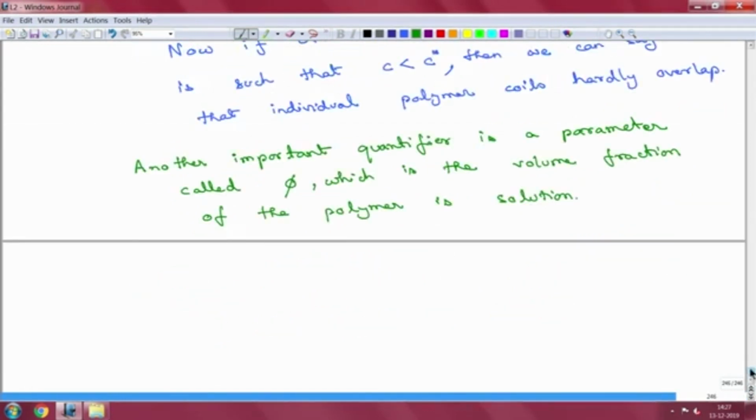The moment we associate a quantity, we have to tell how you calculate it. So, let small v be the volume of a single element and C be the concentration.